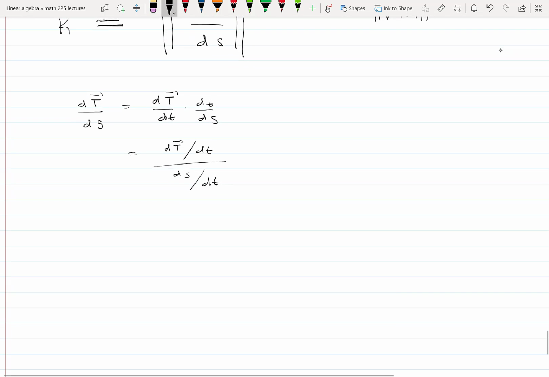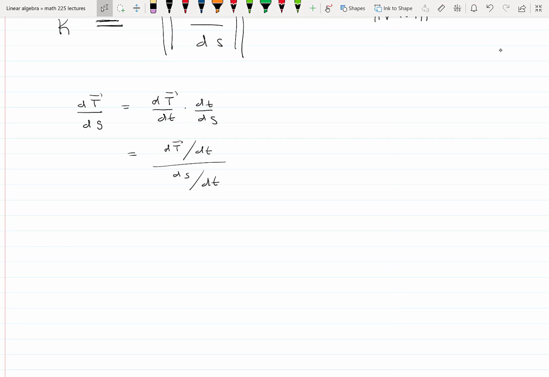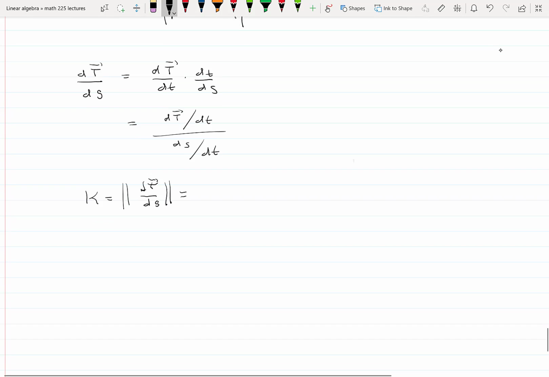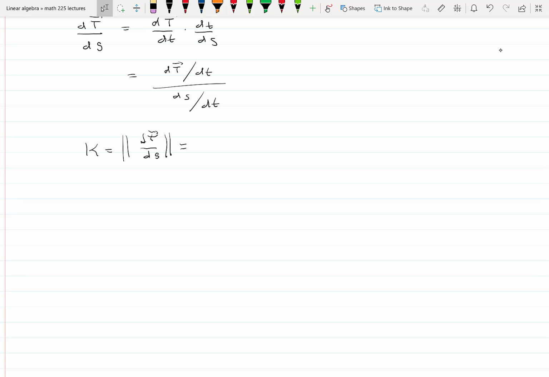So my curvature, kappa, equals the length of dT/ds, which is then equal to the length of dT/dt over ds/dt.